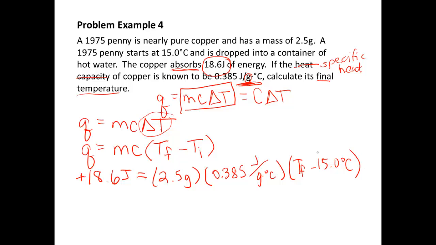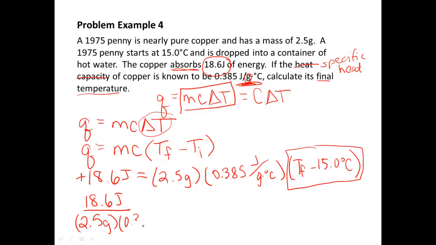So now what we're going to do is just some algebra. I'm going to have to keep this together since this is a parentheses with a subtraction inside of it. So we're going to divide our 18.6 joules by the 2.5 grams times the 0.385 joules per gram degrees Celsius, and that is equal to our final minus 15 degrees Celsius.